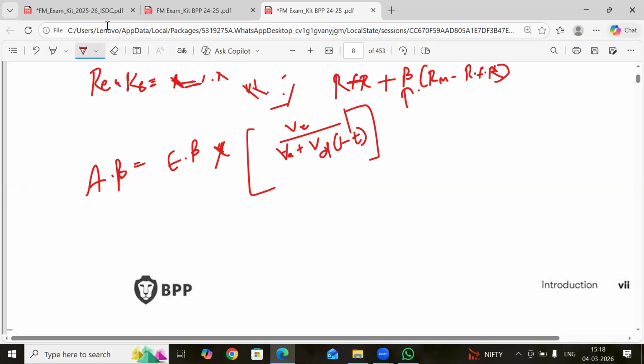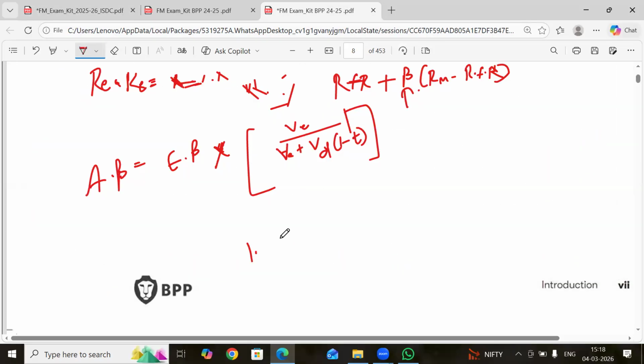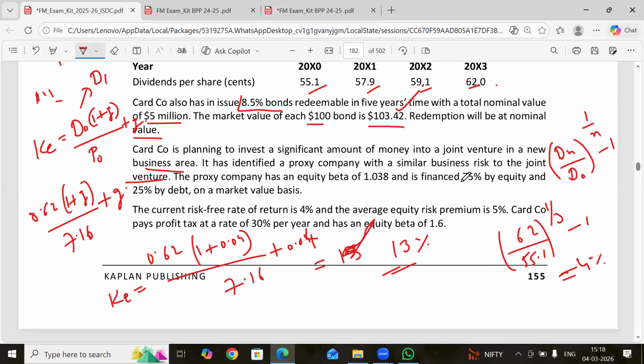What is the equity beta given in the question? 1.038. 1.038 into value of equity. So we know the debt to equity ratio of this company. What is the debt to equity ratio? 75% financed by equity and 25% by debt.